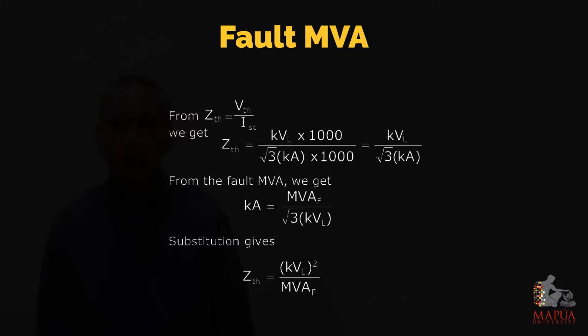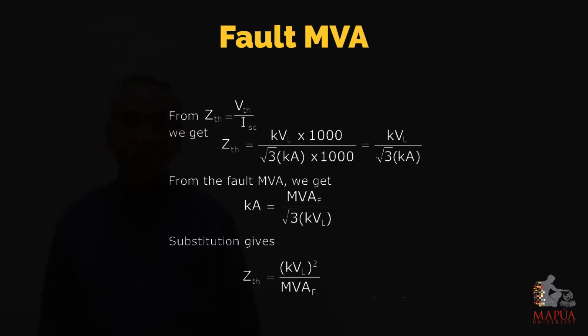That gives us the nominal line-to-line voltage divided by the square root of 3 divided by the short circuit current in kA. From the fault MVA, we get the short circuit current equal to the fault MVA divided by the square root of 3 divided by the nominal line-to-line voltage. By substitution, we can now solve for the Thevenin impedance, which gives us the square of the nominal line-to-line voltage divided by the fault MVA.